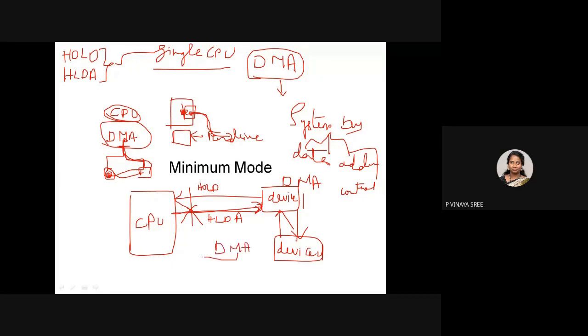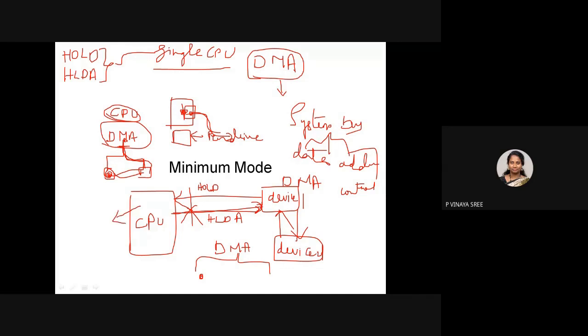Now DMA will be using the system bus for transferring the data from the pen drive to the memory, or from memory to the pen drive. In such a case, it will give a hold. And you will get a question on why there is a need for using a DMA, since the processor is anyhow executing fast. While it is releasing the system bus, what will the processor do?